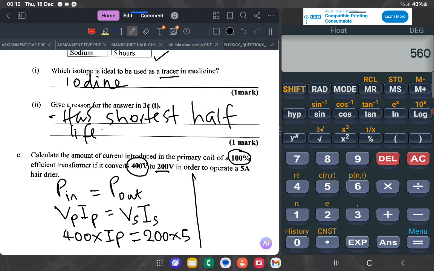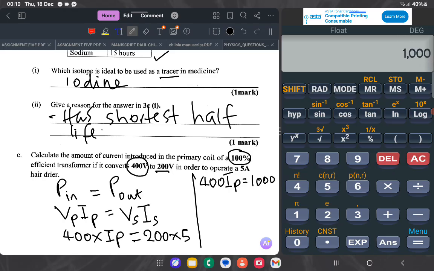The rest is just mathematics. So we have 400 IP is equal to 1000. Yes, 200 times 5 is 1000.